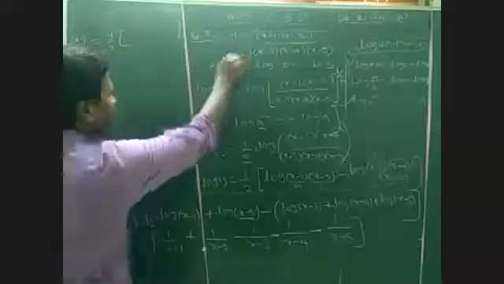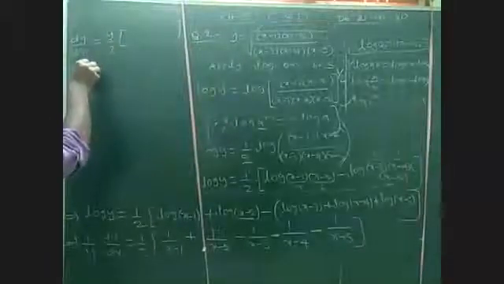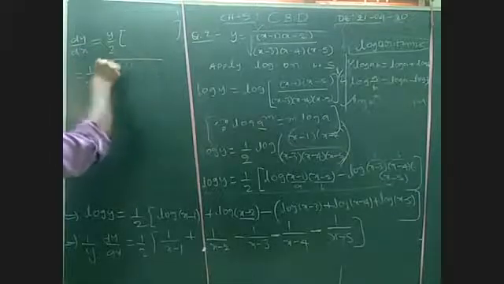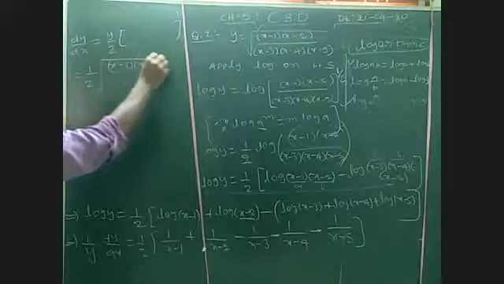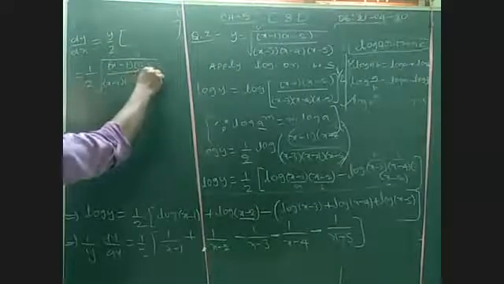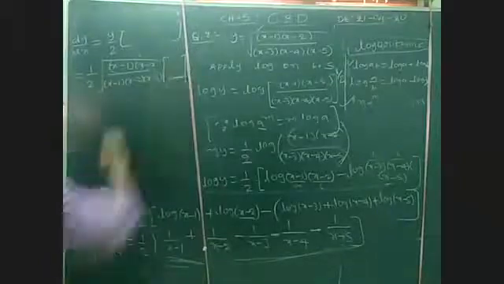What is y they have given? They have given y as 1 by 2 of x minus 1, x minus 2 by x minus 1, x minus 2, x minus 3. In brackets, you should write this total value.